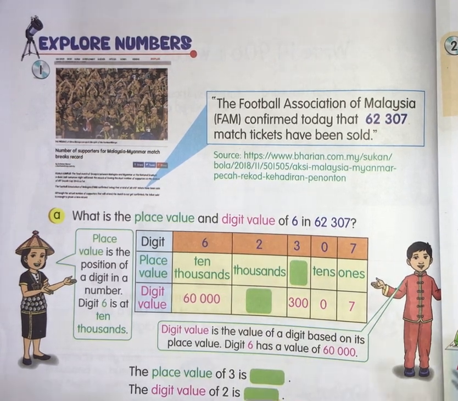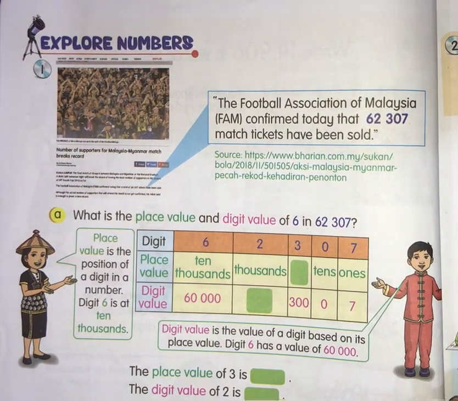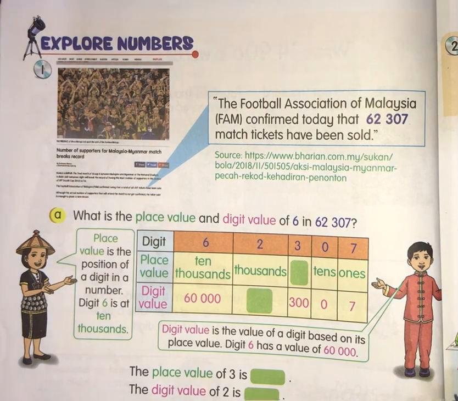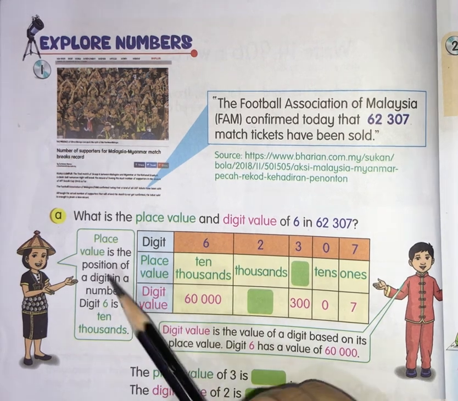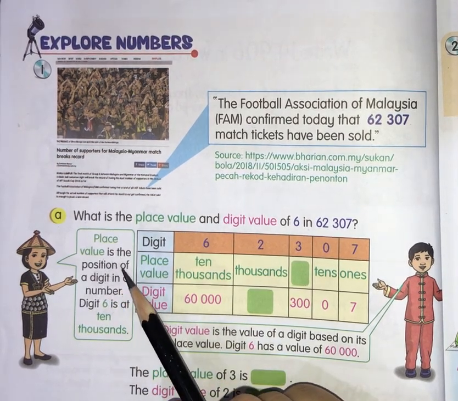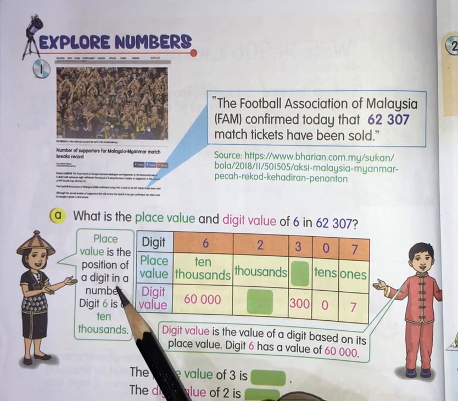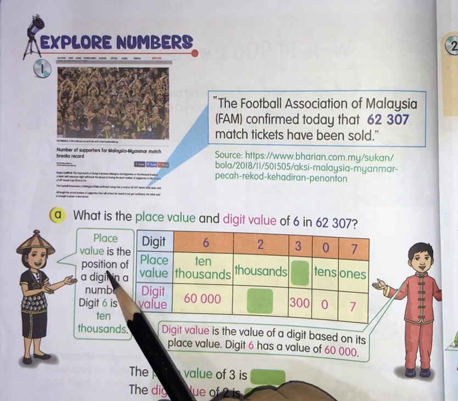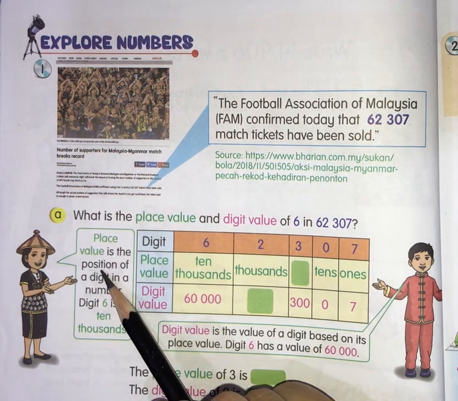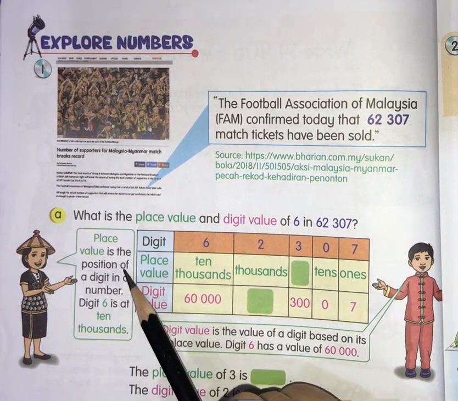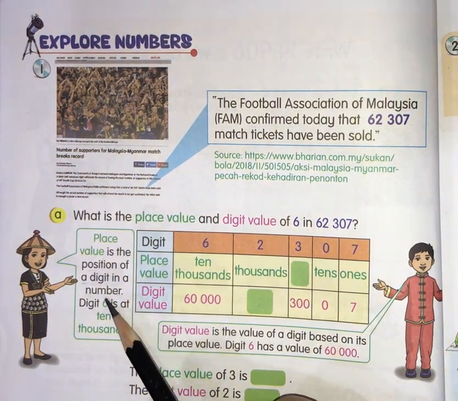What are the place values that you already learned from year 1 to year 4? What is place value? Place value is the position of a digit in a number. It is the position where the digit sits.